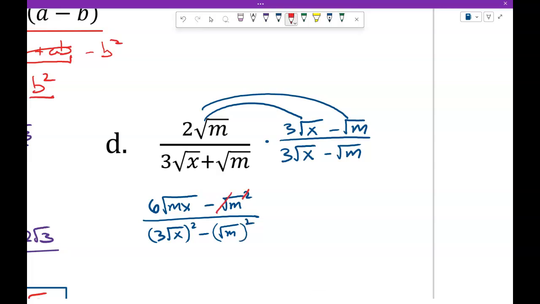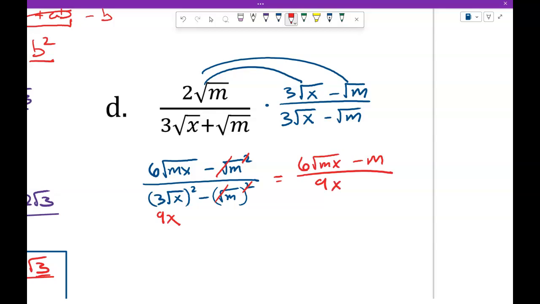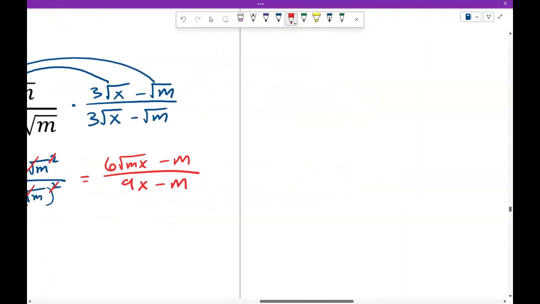Here we can eliminate the square and the radical. Here we'll have 9, and then square root of x squared is x. 6 root mx minus m over 9x minus m. We don't have a common factor between all the terms. These two have a 3 in common, but the others don't. These have an m in common, but these two don't. So that's as much as we can simplify.